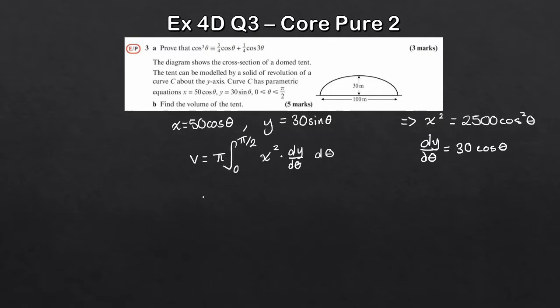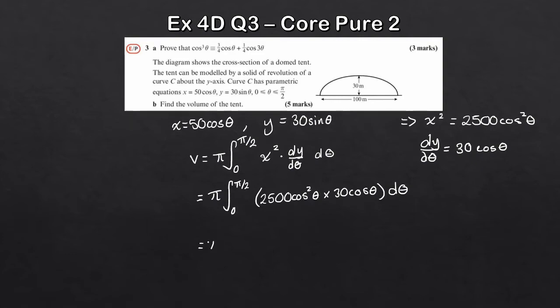Now we just need to work out this integral. So it's pi times the integral from 0 to pi over 2 of x squared. We know that's 2,500 cos squared theta times dy by d theta, which is 30 cos theta, d theta. Again, just simplifying here now, and then we'll eventually use this identity.